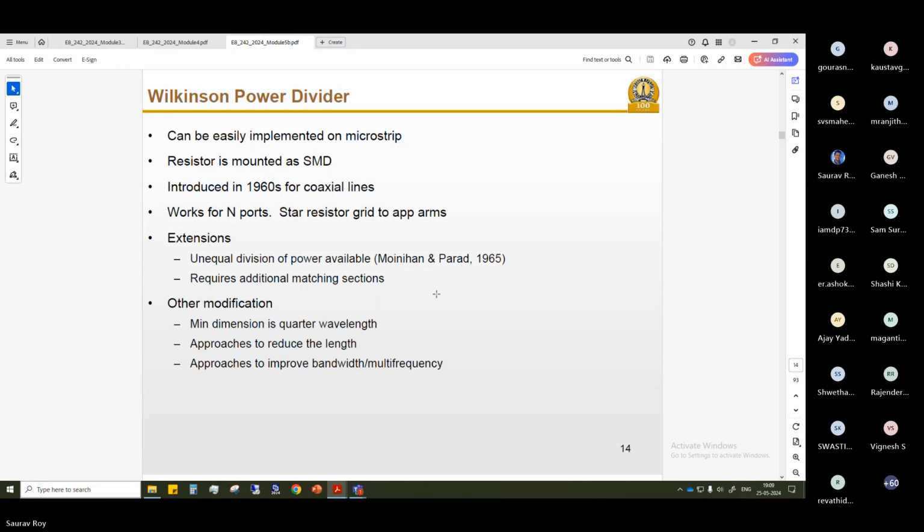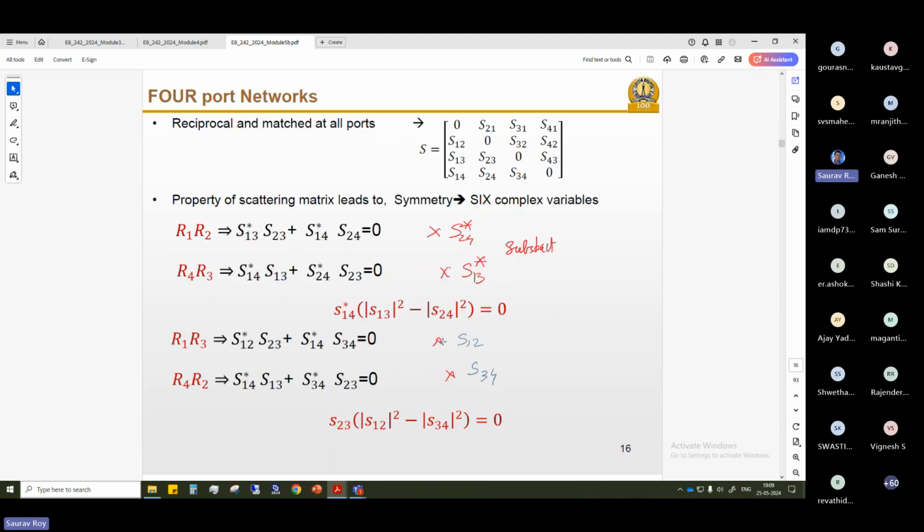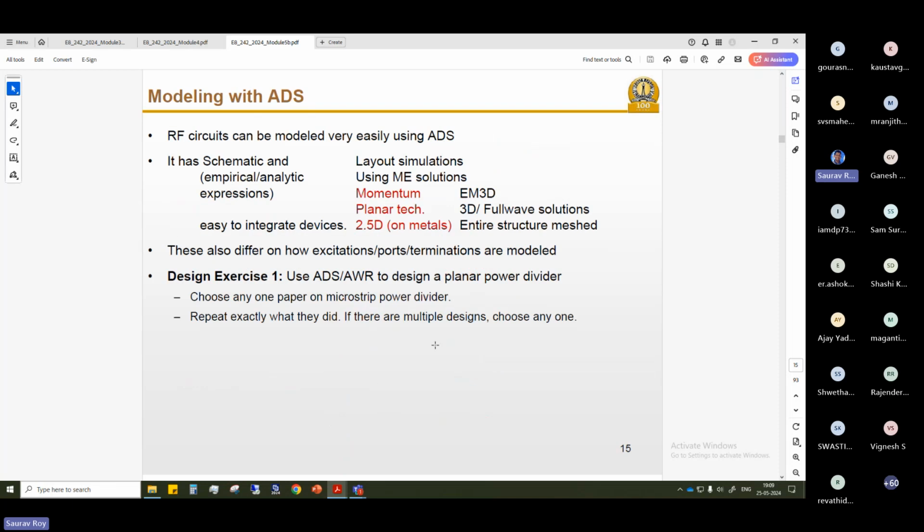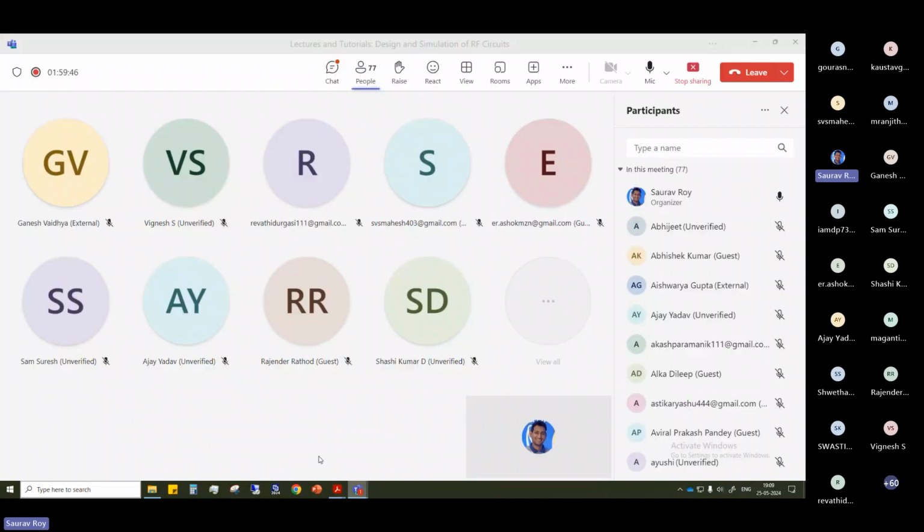Before going to a 4-port network, I will see if you have any more questions on this. Please ask any question on this section.